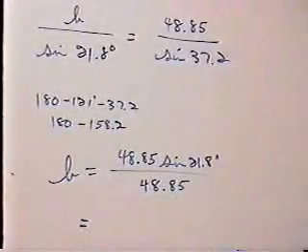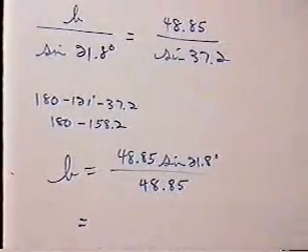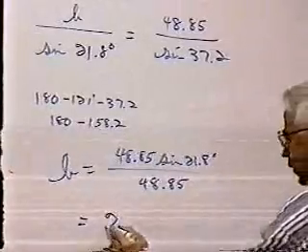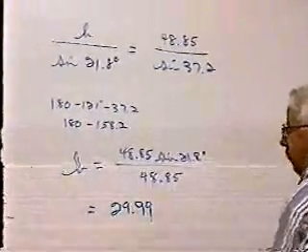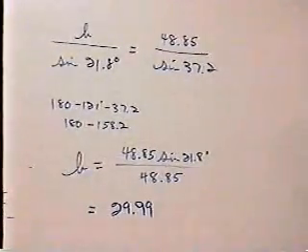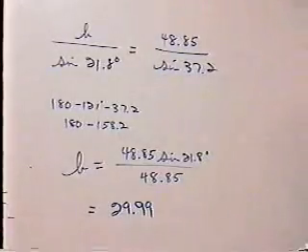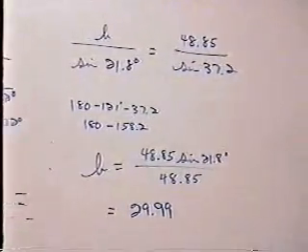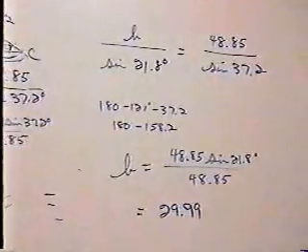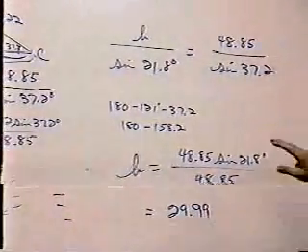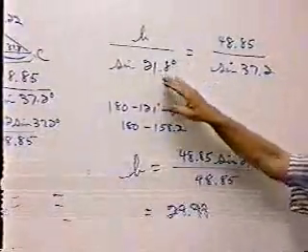And we end up with B being equal to 29.99. All right. Now, if you notice in the notes, I used A, 69.22 over the sine of 121 degrees right here. Okay.